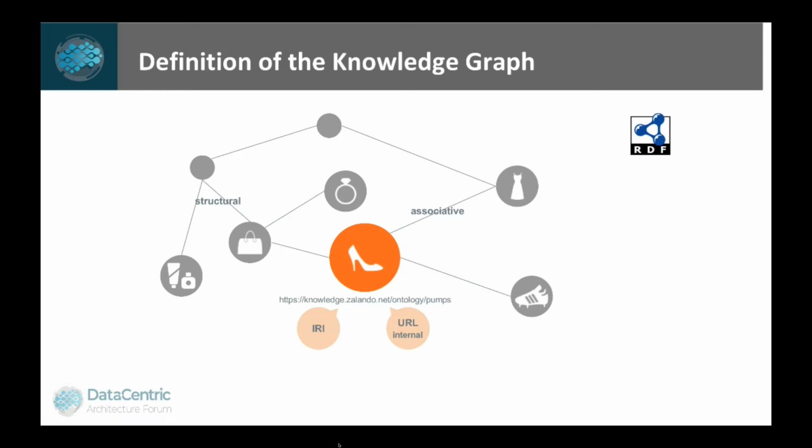The way we structured our knowledge graph is using structural or associative relationships. Structural relationships are things that, if you're familiar with ontologies, you would know them: RDFS subclass of, or RDF type. It can be any kind of part-whole relationship you might define, depending on your vocabulary.